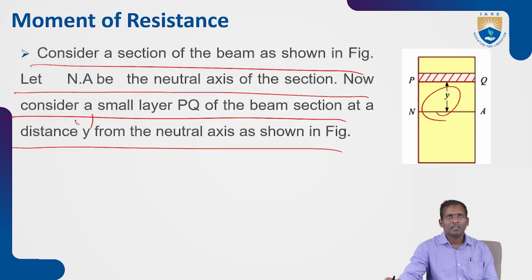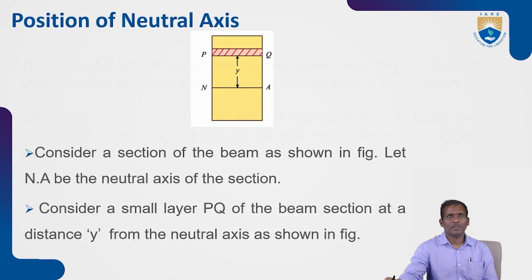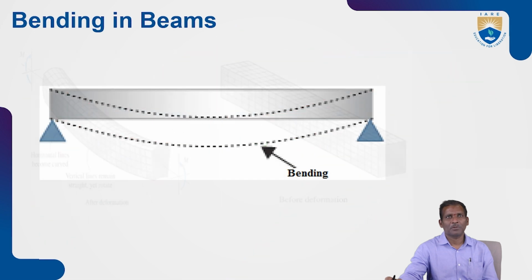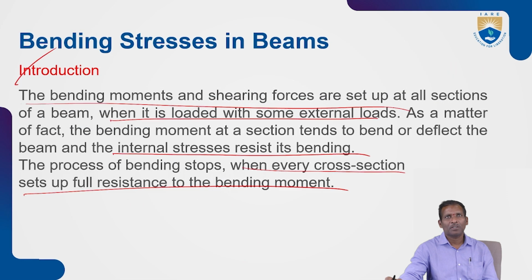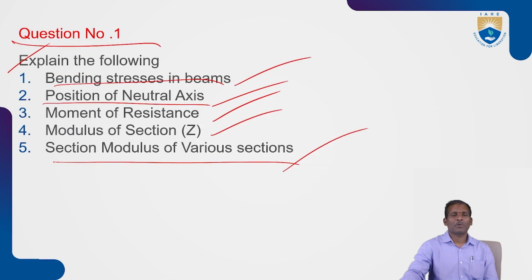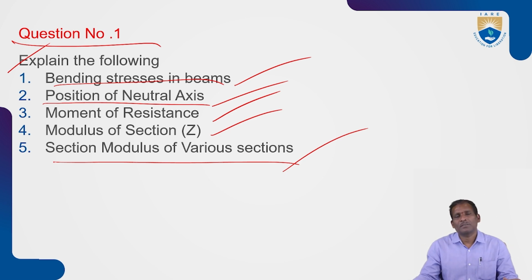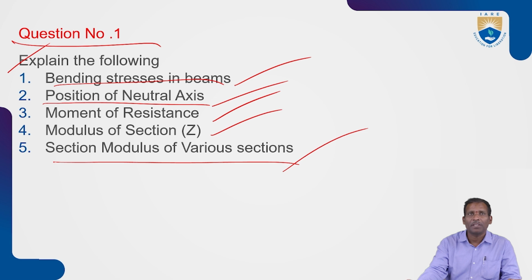See, in bending stresses, we have already covered and done a lot of problems on pure simple bending, and also covered the theory part and derivations. But in this question bank, we have selected this theory part. Why?